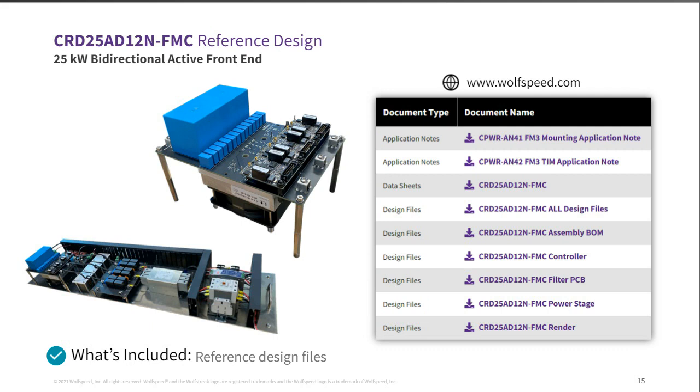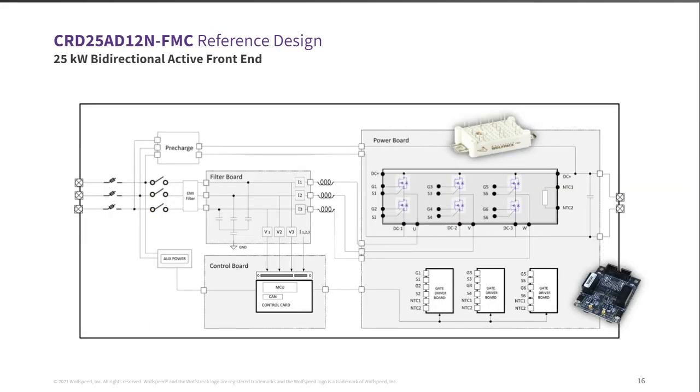There is a controller, so you can download all the files for the controller and the filter and the power stage, which would include Gerber files, bill of materials, the layouts, schematics, things of that nature, and then a rendering. So what this really demonstrates is a building block for other systems. So we'll go through the block diagram real quick and see what we have built into that system.